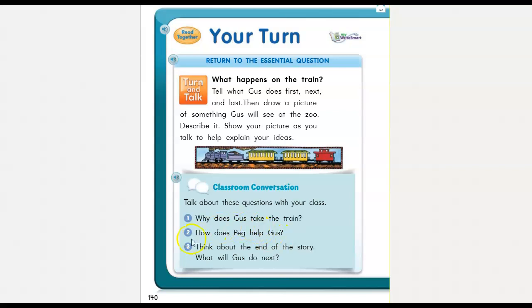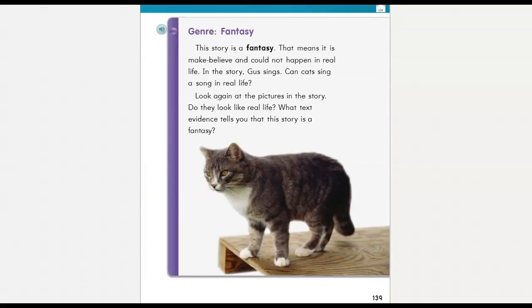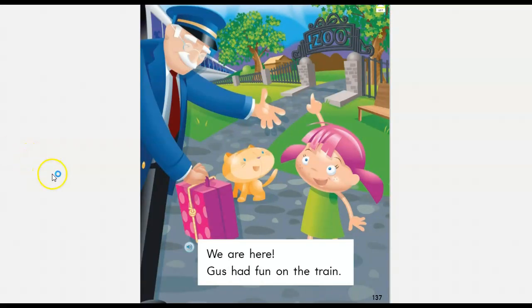And our last question, question 3, says, think about the end of the story. What will Gus do next? Well, let's look back. If we go to the last page of our story, we see the conductor, Gus, and Peg. We've talked about where they end up at the end of the story. Do you remember what the sign says in the back?